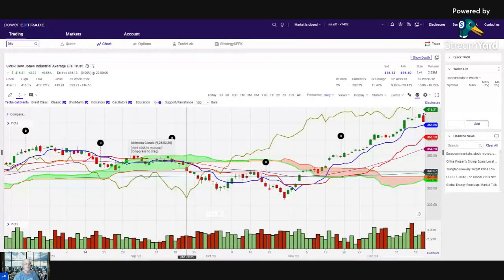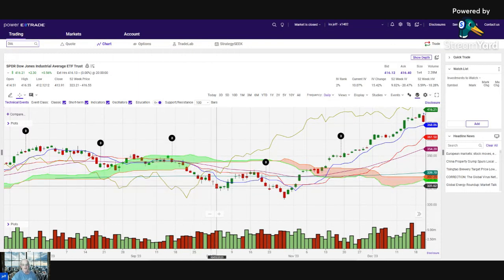So here's the diamonds, that's the Dow Industrials divided by 100. So here's an entry for a put over here. When was that? A year ago, September of 23. And it would have been some really good money getting in over here and getting out.